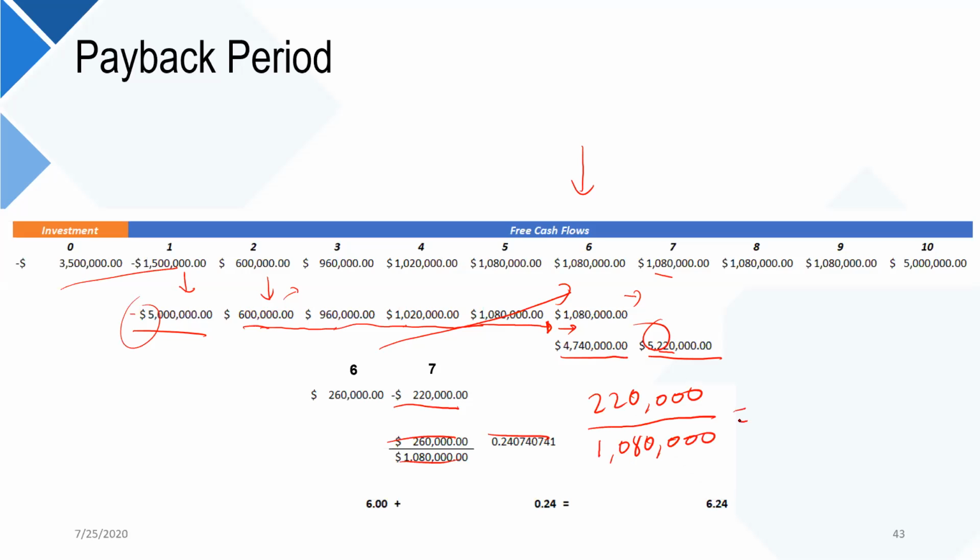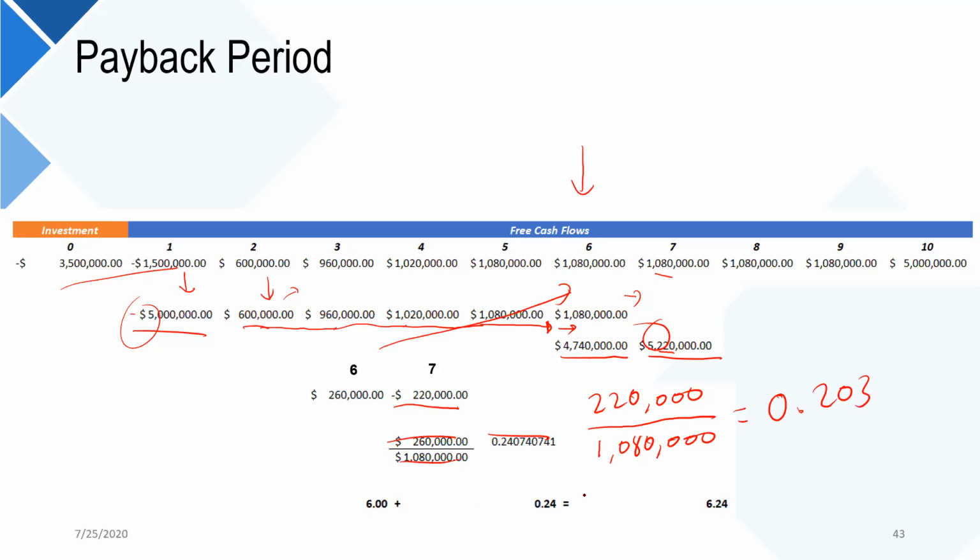I'm gonna take my calculator. It's 220 over 1080. Maybe this was a calculation I did before, so that's why it's different. That gives you 0.203.